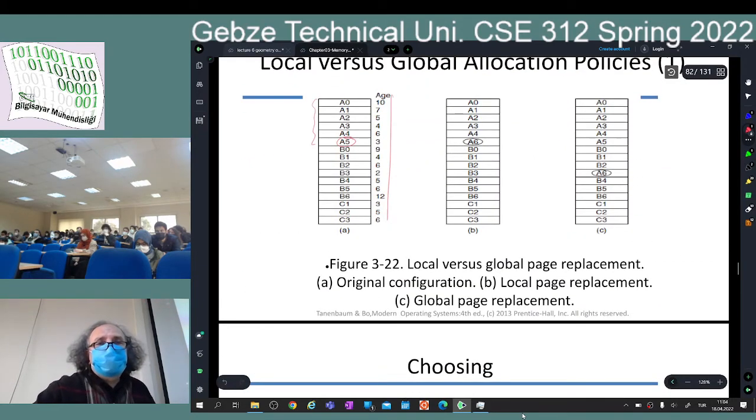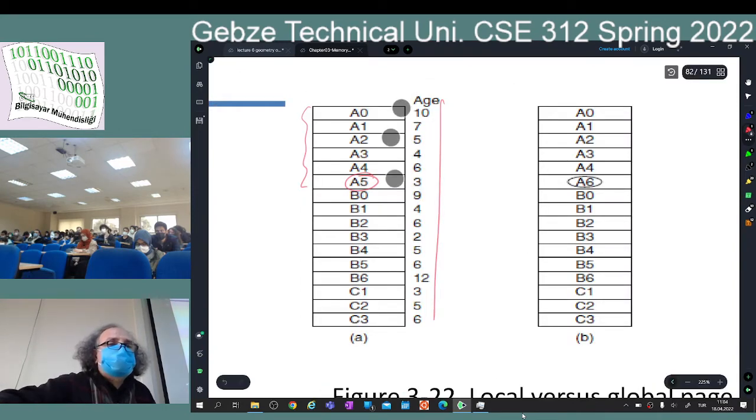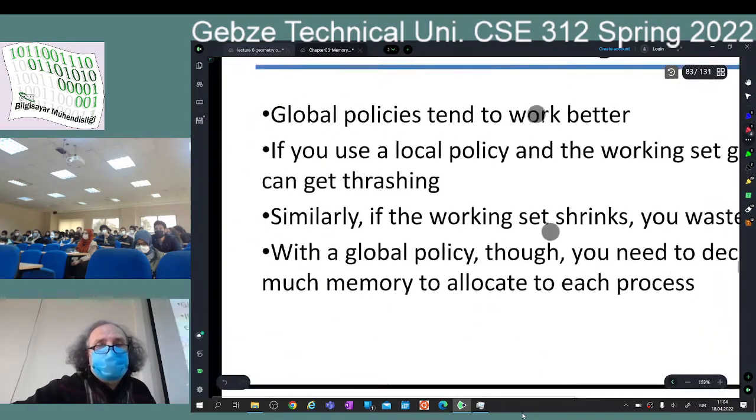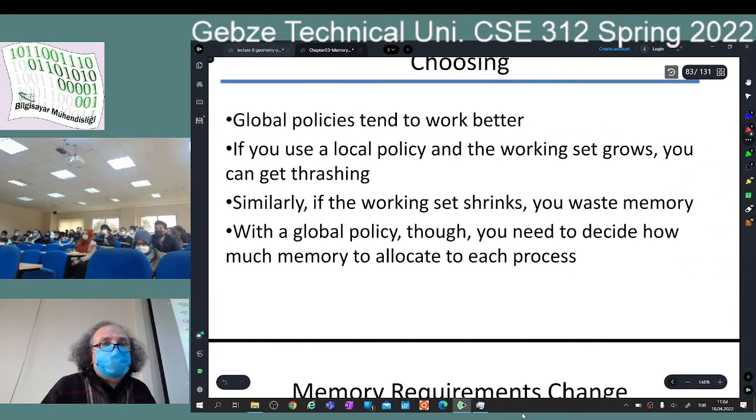Since with the local policy, if my working set grows, if I cannot fit into the 6 pages, then I will cause thrashing, even though some memory is available. Okay, because I am making my decisions locally, that's not a good thing. So that's why we like global policies better than the local ones.